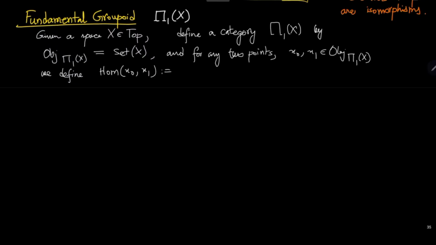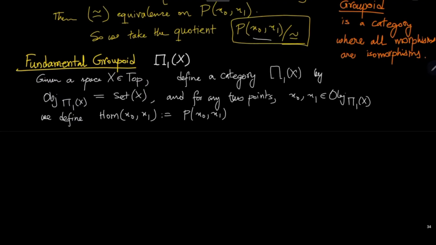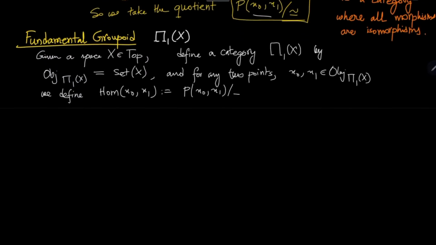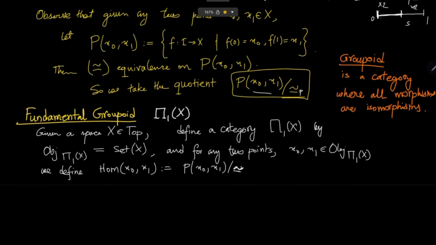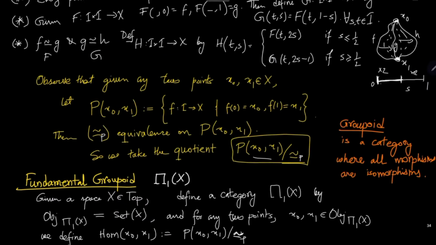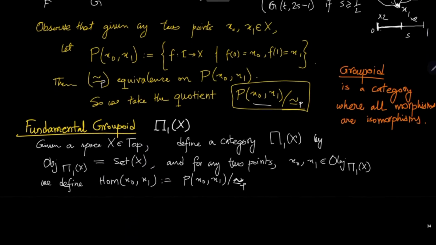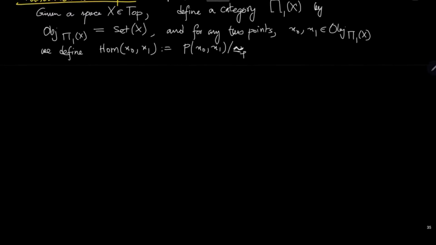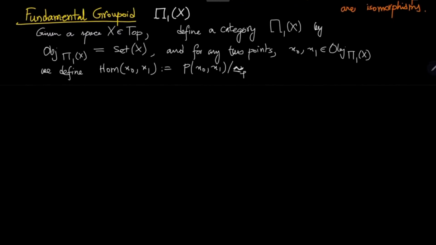We define hom of x0 to x1 to be exactly that thing: the set of all paths from x0 to x1, but you quotient them by the path homotopy relation. If you want, you can distinguish this from the usual homotopy by writing a P below it. That is how we distinguish it. We define the hom set to be this.